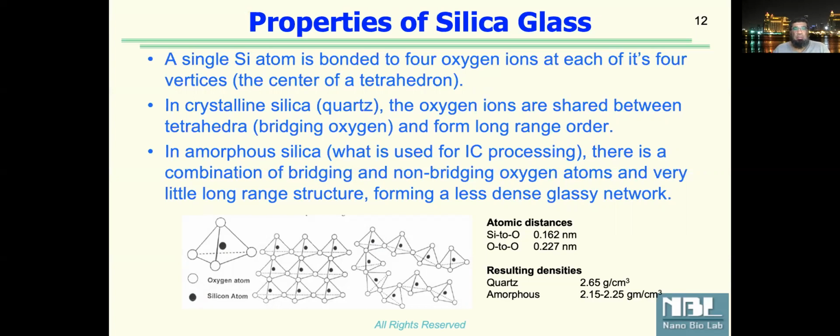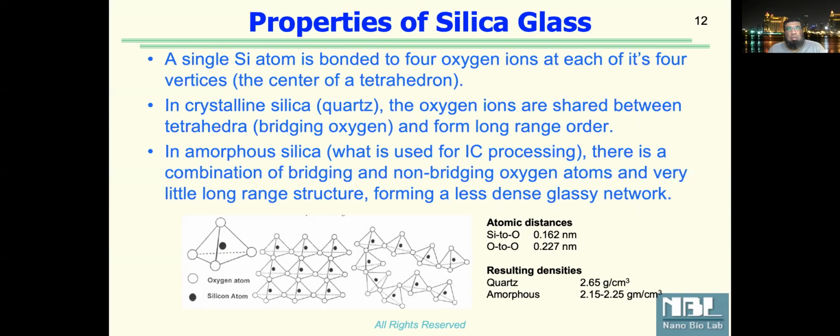Now, another type of silica, what we call as amorphous silica, there is a combination of bridging and non-bridging oxidant atoms, and very little long range order is there. So that results into what we call as less dense glassy network. And the distance between silicon and oxidants are very precise. We know they are 0.16 nanometers, or another way we can say is 1.6 angstroms.